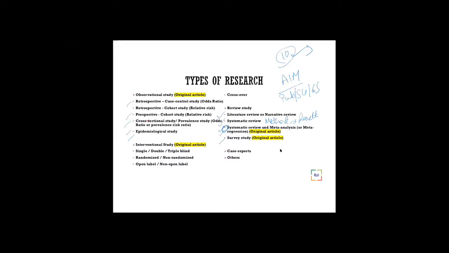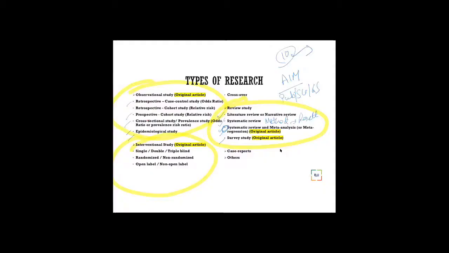So basically we have one group, one group, and one group. Three different types of research majorities are there: observational studies, interventional studies, and review studies.